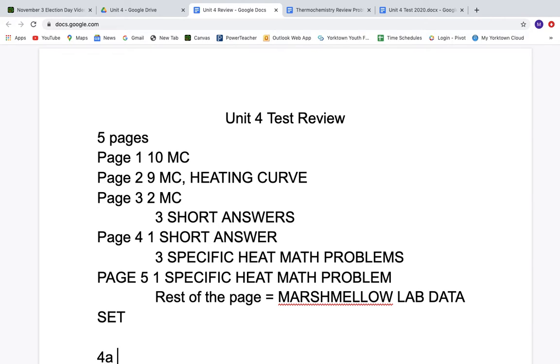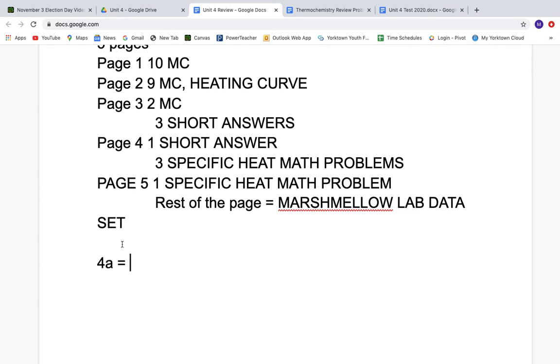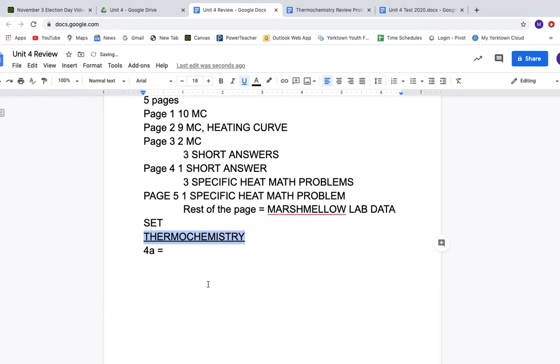And first, 4A. Well, first of all, reminder, Thermochemistry is the title of the unit. And 4A was heavy in vocab. So a lot of introductory vocab.